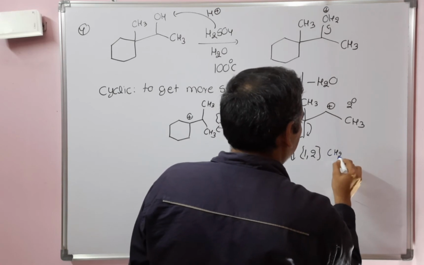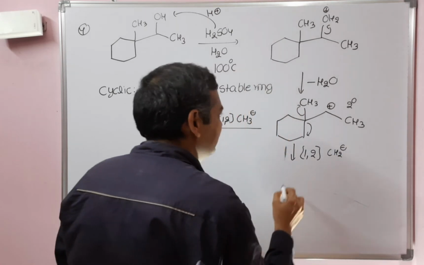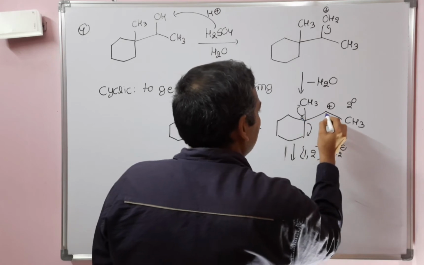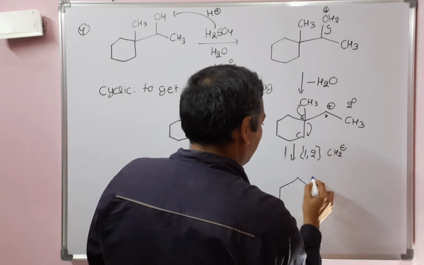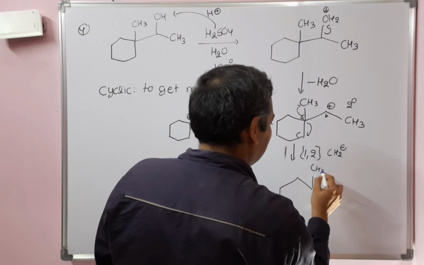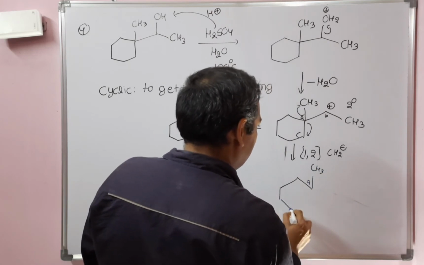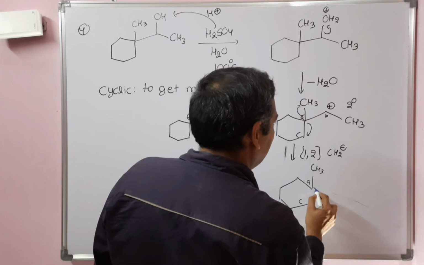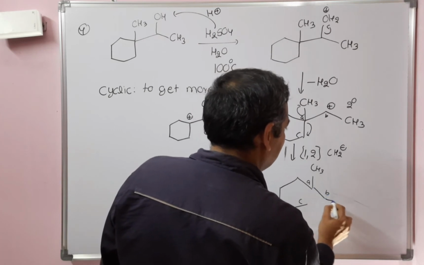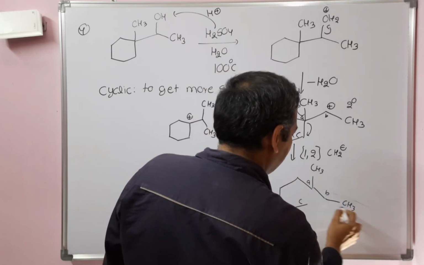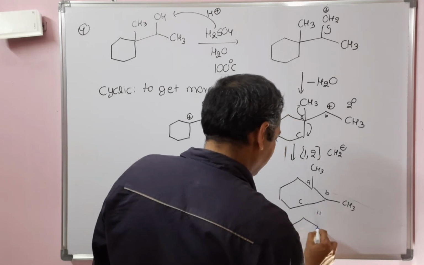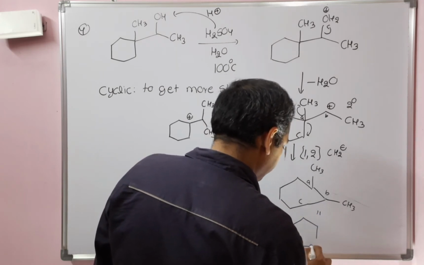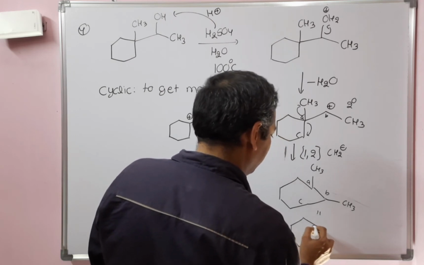Label this A, B and C. This is the A carbon, B carbon, C carbon, CH3, and a bond between them. So a 7-membered ring will be formed.